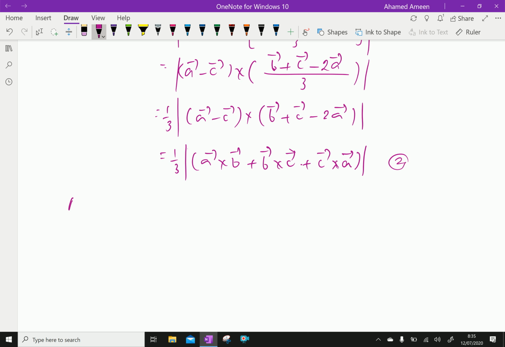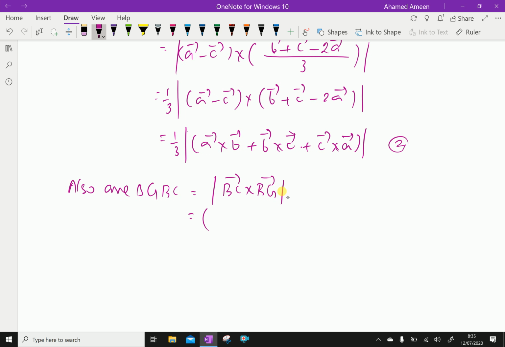Also, area of triangle GBC is equal to vector BC cross vector BG, which is equal to OC minus OB and OG minus vector OB.